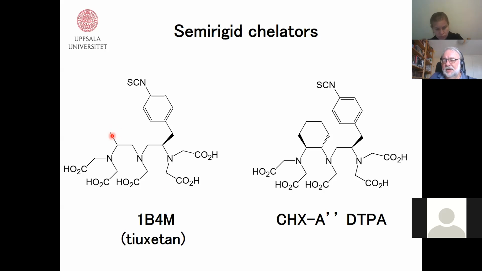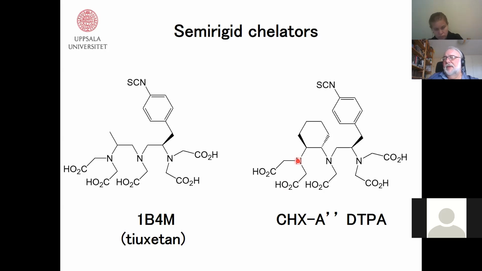And Zevalin, therapeutic antibody for treatment of leukemia has exactly this chelator, and this antibody is used for more than a decade for treatment of hematologic malignancies.